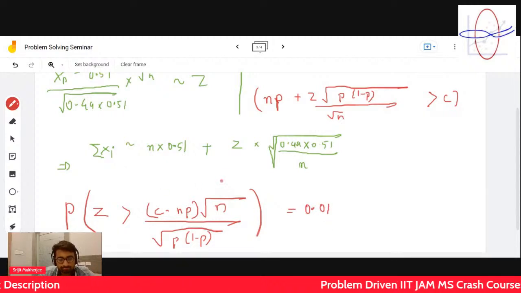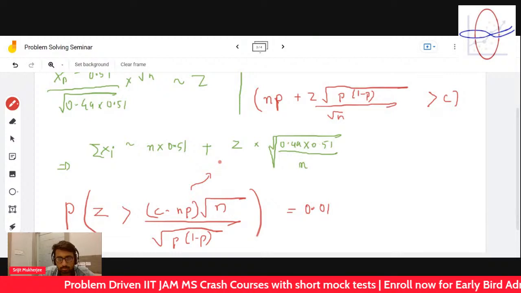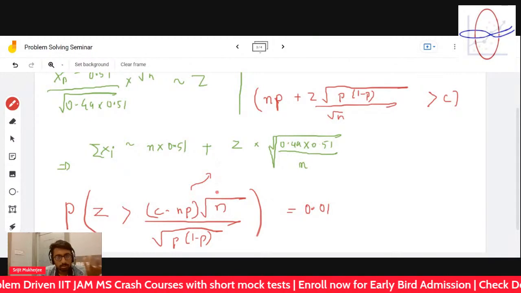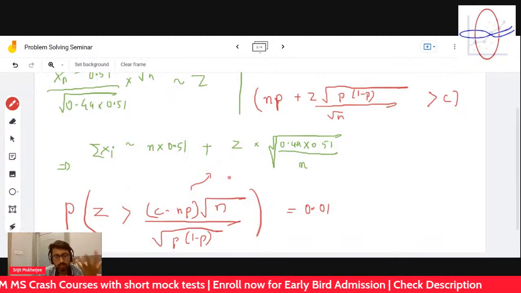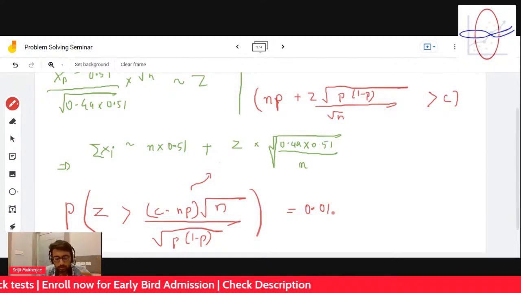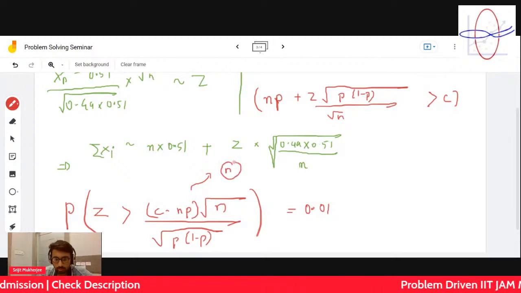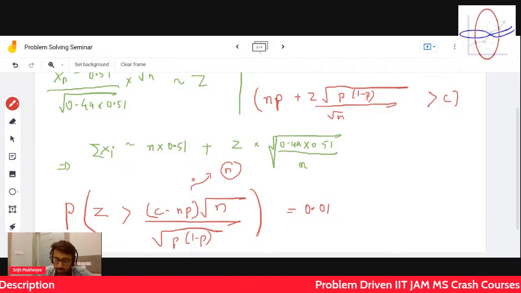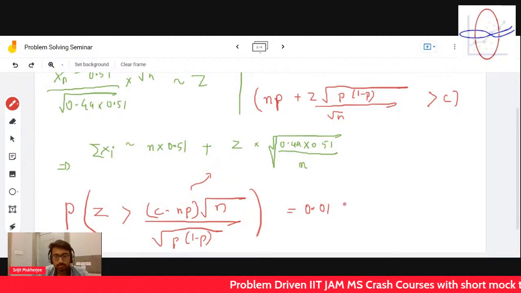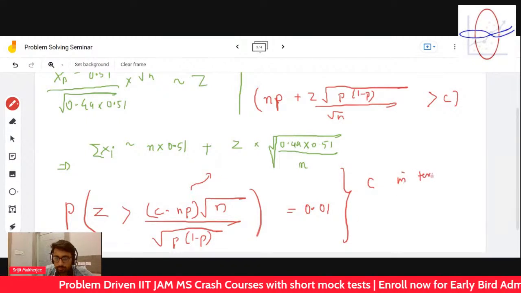So you can therefore write it in terms of the normal quantiles, which values you know. You can compare with the normal quantiles for which this is equal to 0.01, and you can get a value of c in terms of n.